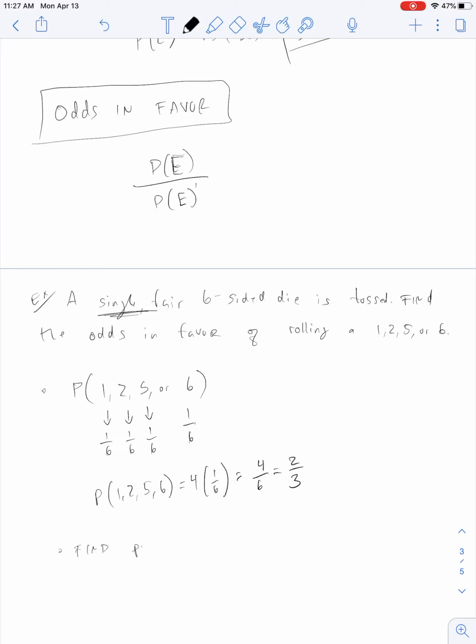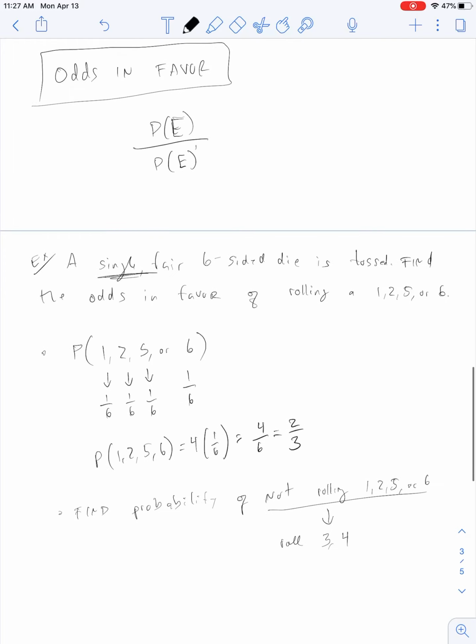But now we want to find the probability of not rolling a 1, 2, 5, or 6, which means you would have to either roll a what?